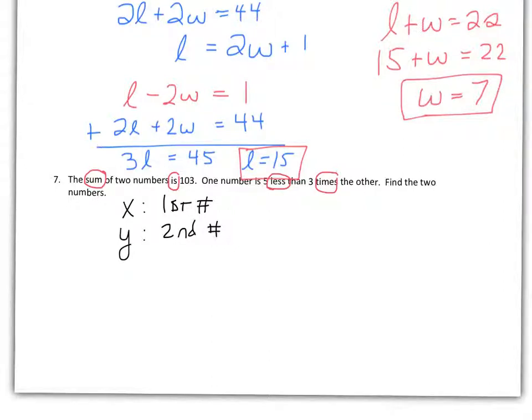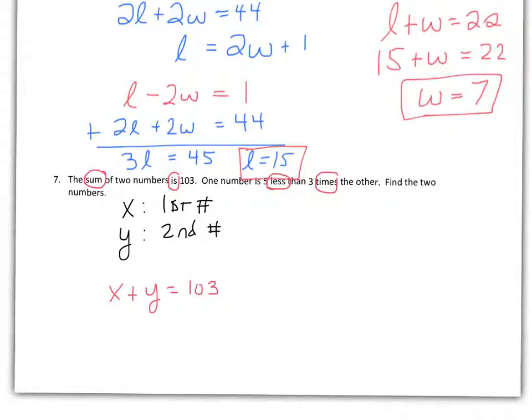So what's the sum formula? Chris, the sum of two numbers is 103. What is that formula? Good. x plus y is 103. Excellent job, Chris. Then the other equation, let's call on Tommy.